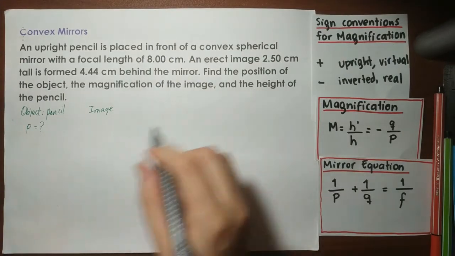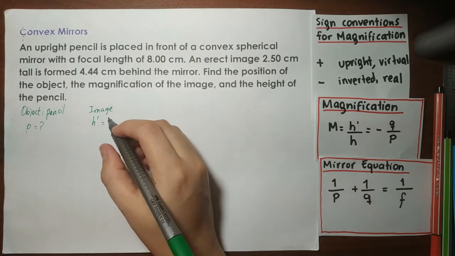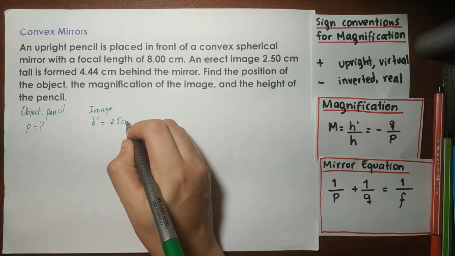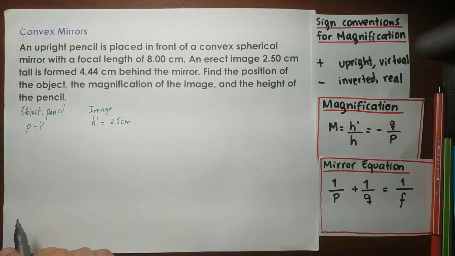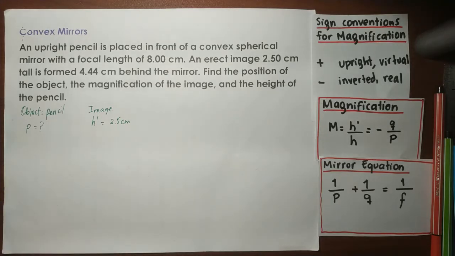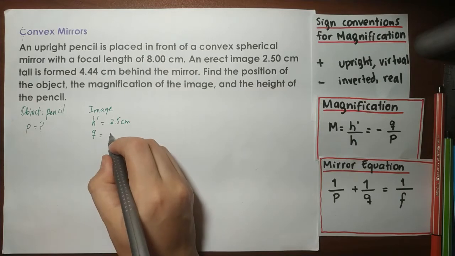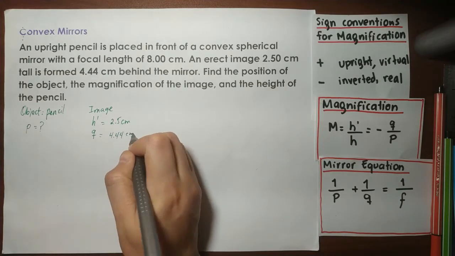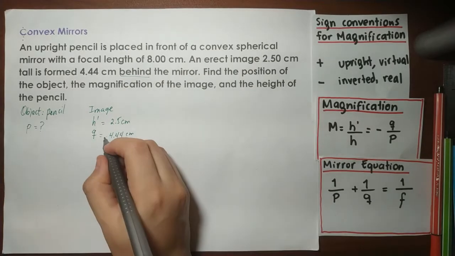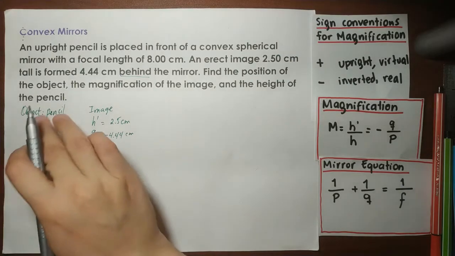The image, I know that it has a size or height of the image equals 2.5 centimeters. Now, that image is formed 4.44 centimeters behind the mirror. So that means that my image distance is 4.44 centimeters. But as it says behind the mirror, we're going to consider this to be negative.